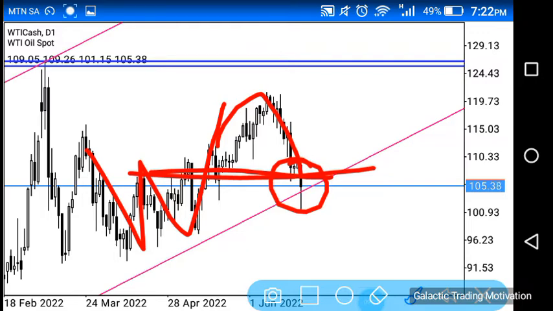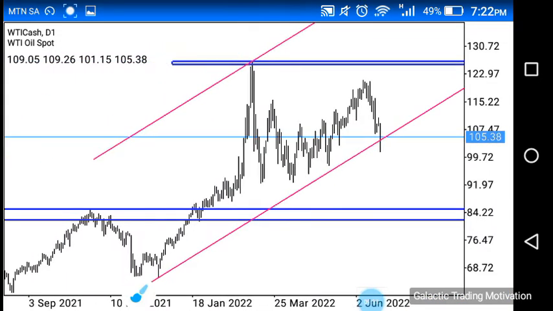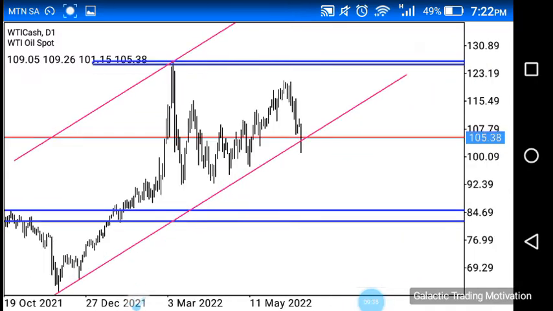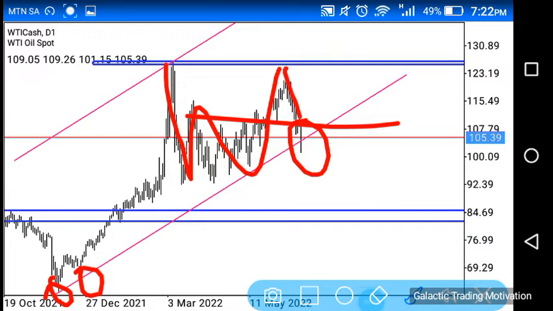And what we may see is actually price pushing further up. And that's also supported by the fact that if you look on the actual channel itself, we have a first touch there, second touch there, and a third touch there. So W structure, neckline, price came back to retest the neckline.